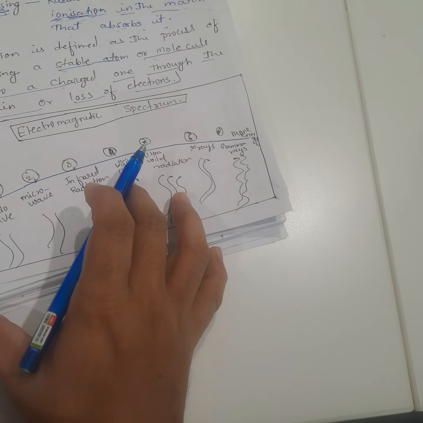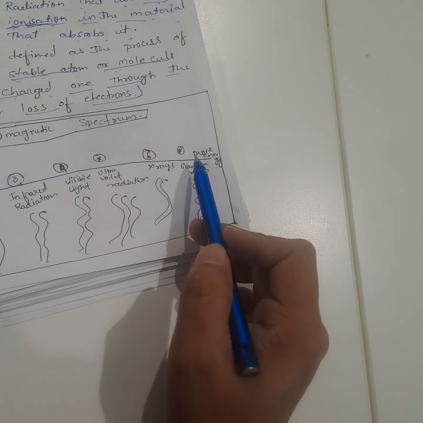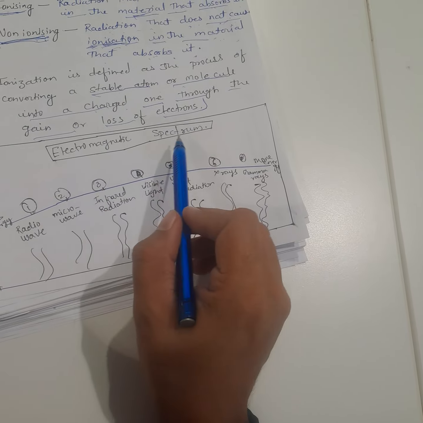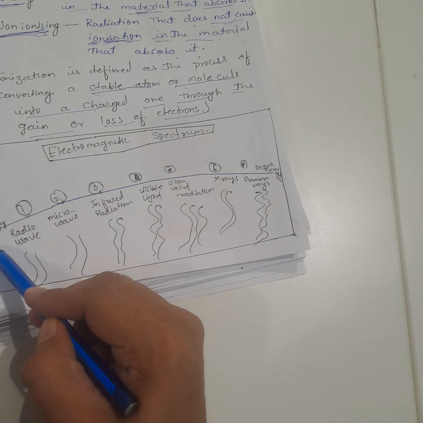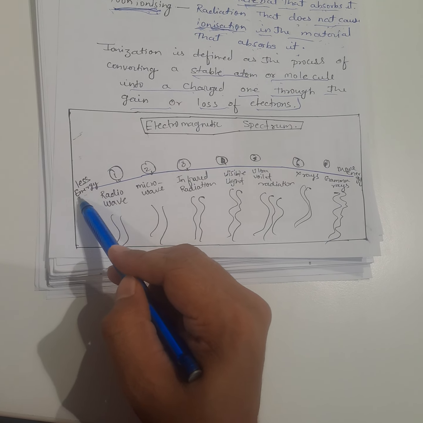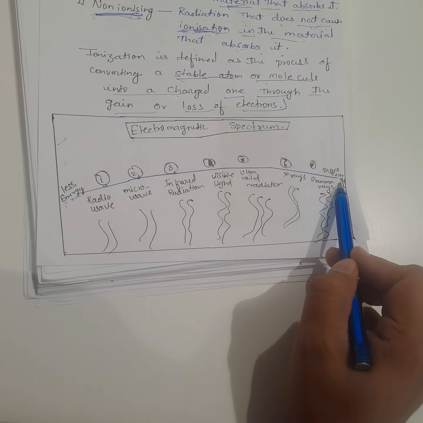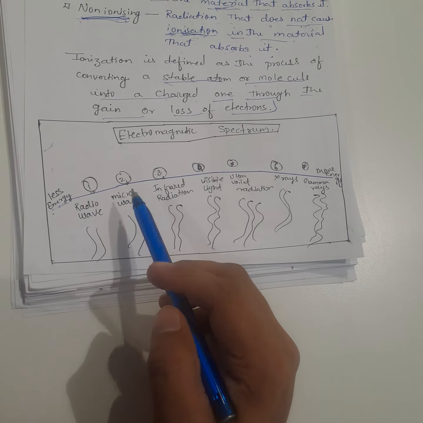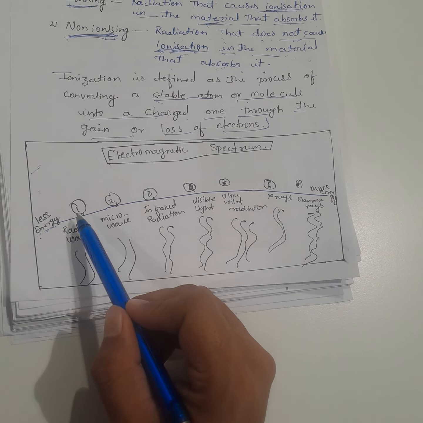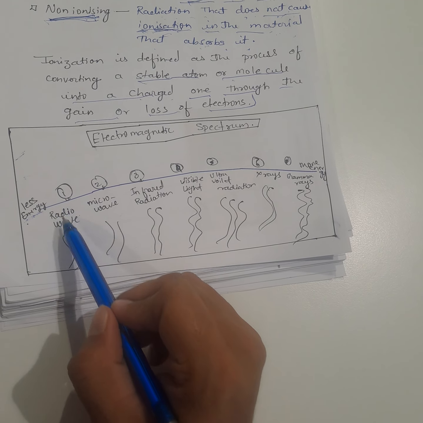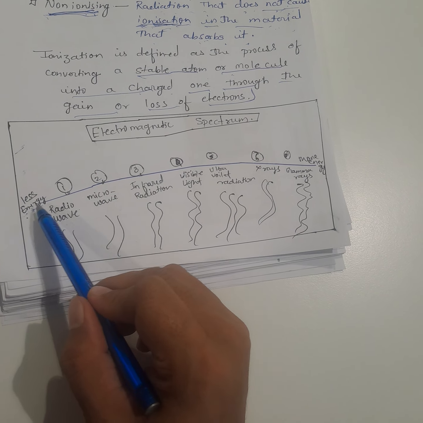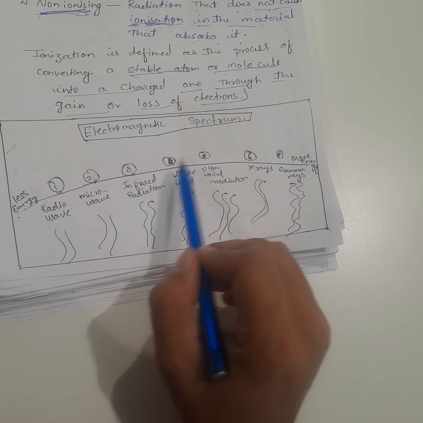So there are 7 types in the electromagnetic spectrum. This is less energy, and this is more energy. Radio waves have less energy, and we can see there are 7 types.